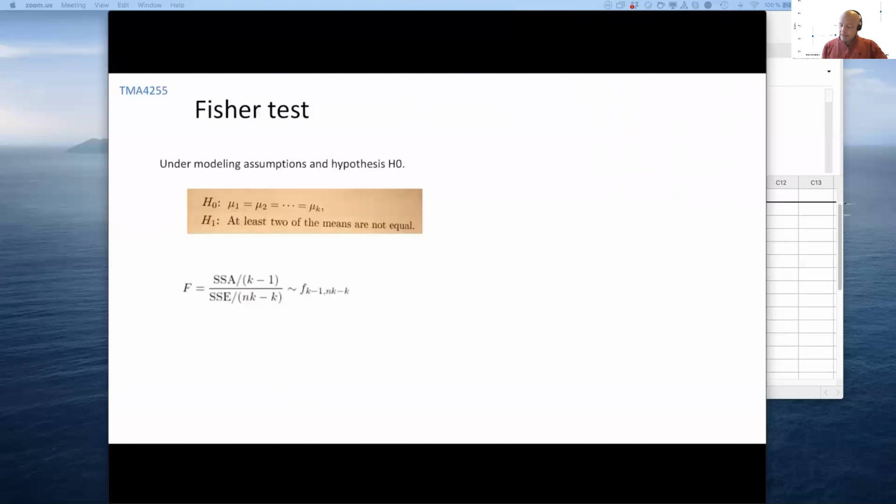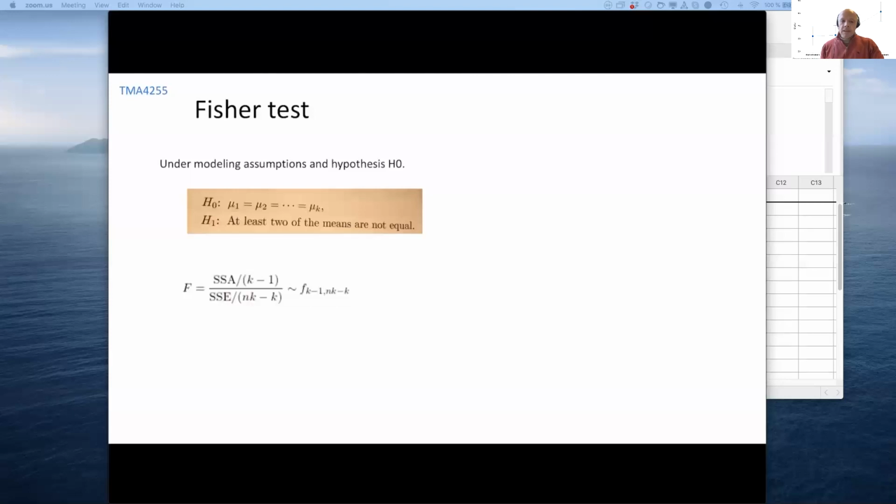And then we divide this by SSE, which is the within group variability, and normalize that appropriately. And these will then be chi-square distributions divided on their degrees of freedom, and this is Fisher distributed.